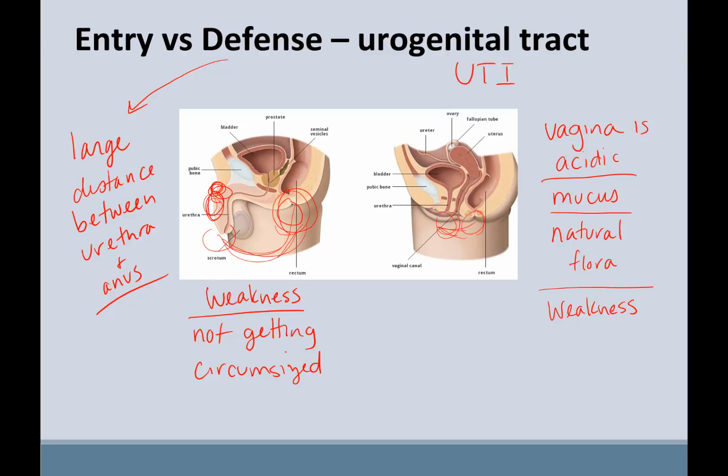Oh, I should say our other general defense mechanism for our urogenital tract is your bladder that makes urine, right? So you have this mechanical flow of liquid that can wash out. We used to do a lot of fun things in micro.